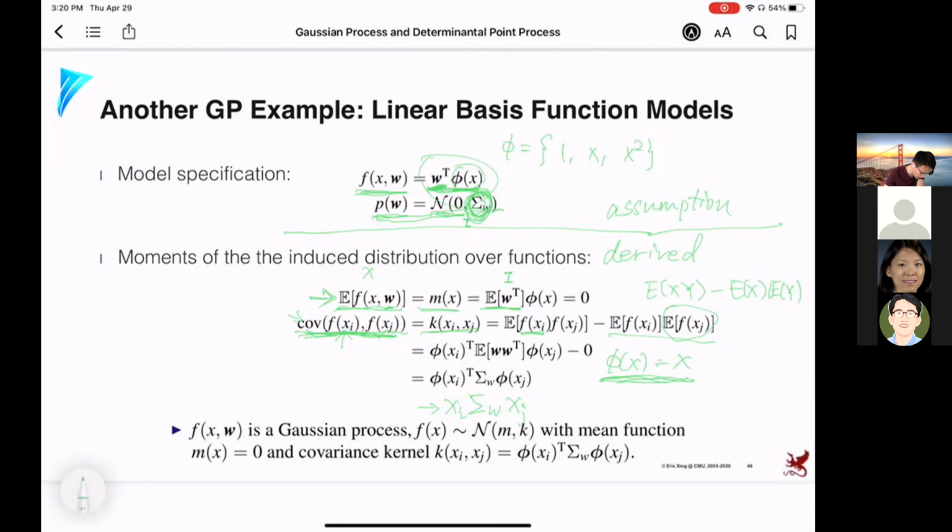So this covariance matrix is also just one value, and this sigma W is also just one value. If this gets large, it can also get large if xi and xj have the same sign. And similarly, if this gets large, the covariance will also get large.